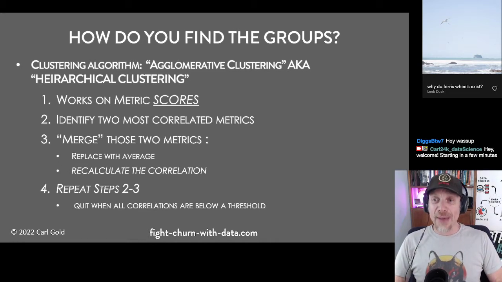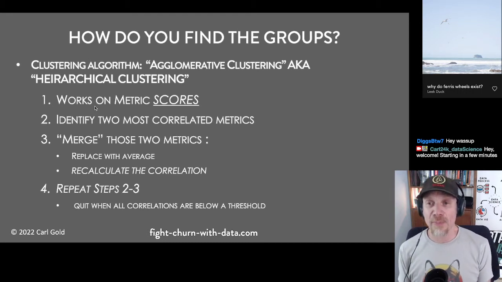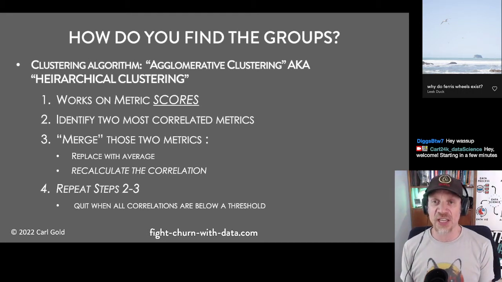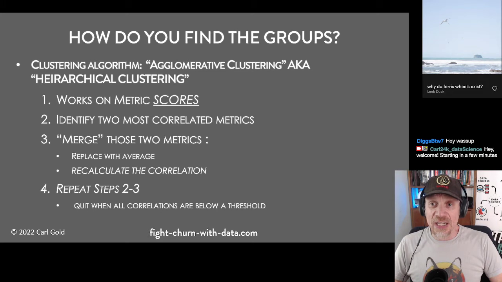And they work on metric scores. That's the first point, and we've already taken care of that. So we scored the metrics. They're all mean 0, 1 standard deviation, and they have a good distribution. The algorithm works by basically greedy grouping. It finds the 2 most correlated metrics, and then it merges those by replacing them with an average of the 2.